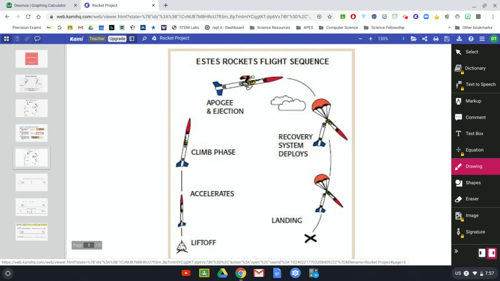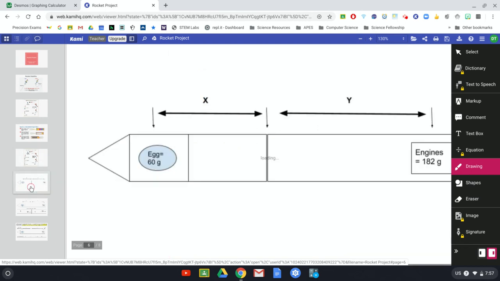So the way we do that is we try to get our center of gravity located at the specific point where the 2 stages of our rocket separate.